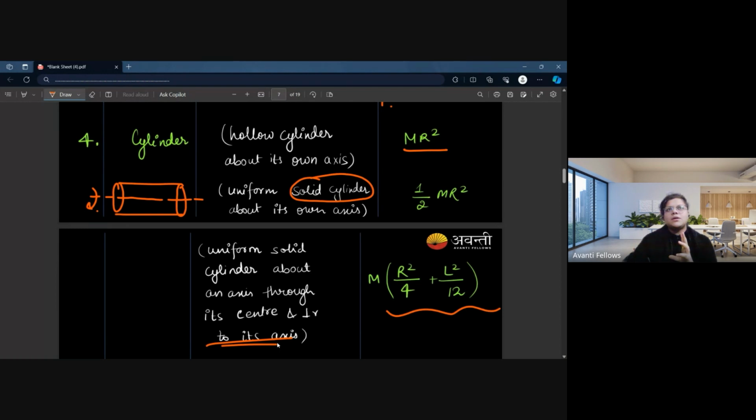And one very basic imagination that I want to give you. If you collect a lot of rings and place them over each other, don't you get a hollow cylinder? Let's say this is the ring that I have, and I place a lot of rings over it.